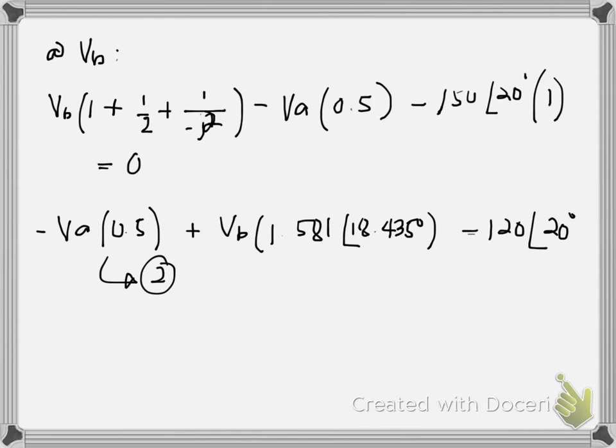And let's construct our matrix. We have 0.87 angle negative 16.7, negative 0.5.